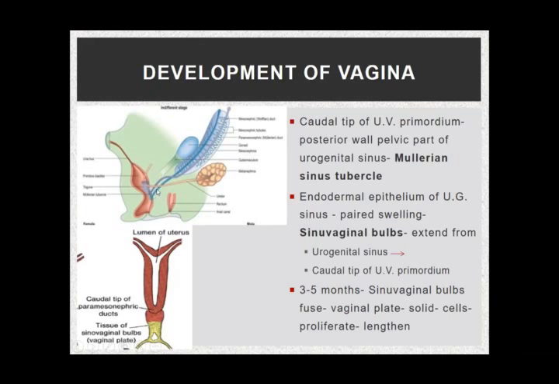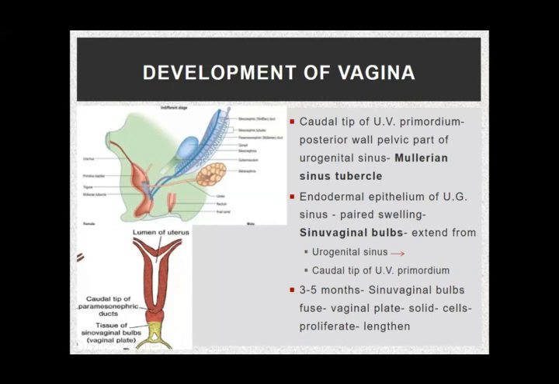The lighter gray one is the paramesonephric duct. This joins with the other duct from the opposite side to make up the uterovaginal primordium, and this primordium then bumps into the posterior wall of the pelvic part of the urogenital sinus.